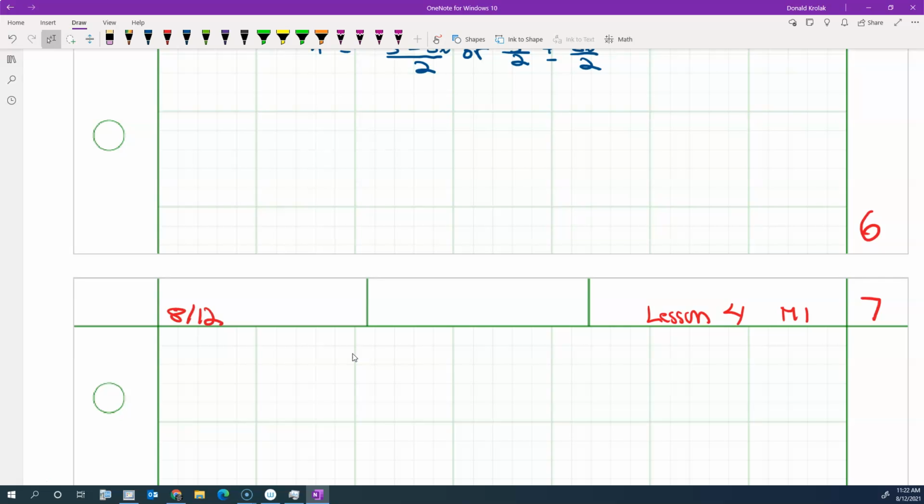Okay. So, yep. All right. So here it is. This would be number 3. All right, 5x squared minus 3x plus 17 equals 9.